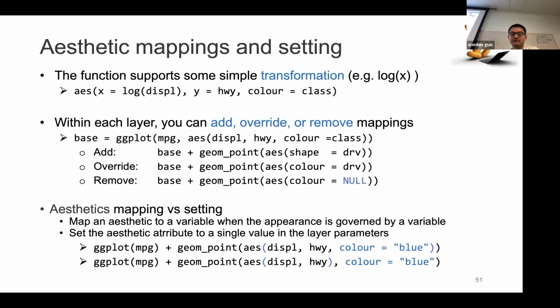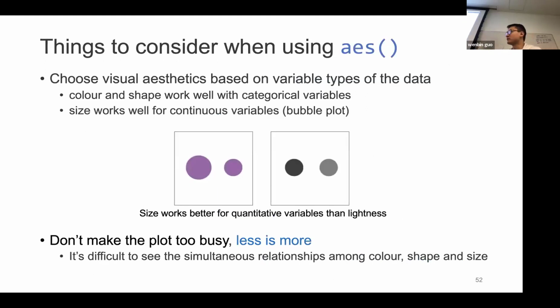Besides the aesthetic mapping and the settings, there are also some other things you should consider when you use the aesthetic mappings. For example, based on the variable types of your data, you can choose the visual aesthetics more wisely. For example, color and shape work pretty well for categorical variables like yellow, blue and red.